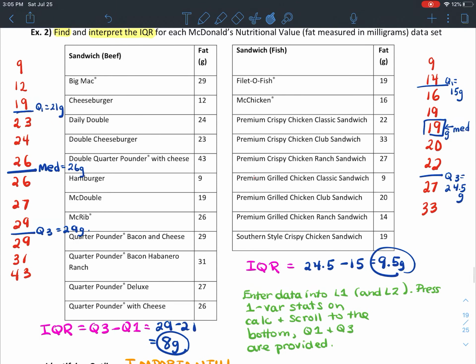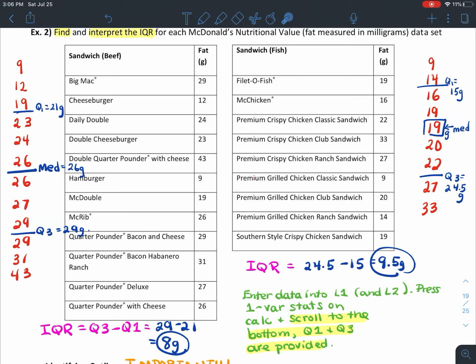I did these by hand here, but if you were to enter the beef sandwiches into L1 and the fish and chicken sandwiches into L2, and one at a time, press 1-Var Stats, that was second, and the calculate button. You'd have to first tell it L1 data, and if you scroll all the way to the bottom, you're going to see it identifying Q1 and Q3.